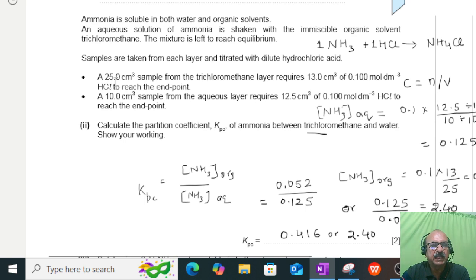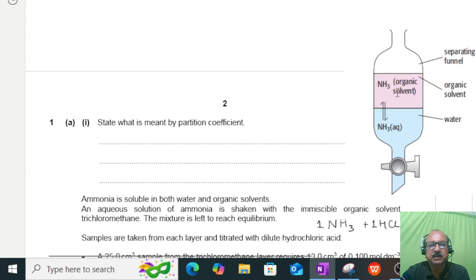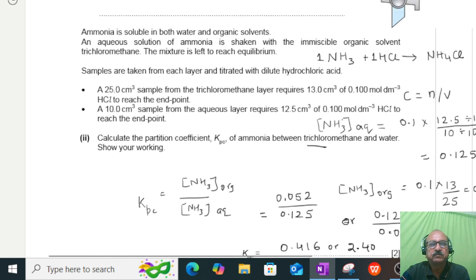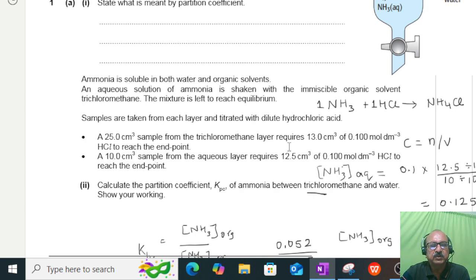Then we take a 25 cm³ sample from the trichloromethane layer, and we titrate it against the HCl, which we must have taken in the burette, and we required 13.0 cm³ of the hydrochloric acid whose concentration was 0.100 mol per dm³. In a similar way, when we took out a 10 cm³ sample from the aqueous layer, it required 12.5 cm³ of the same 0.100 mol per dm³ hydrochloric acid, and the endpoint was obtained at 12.5 cm³.